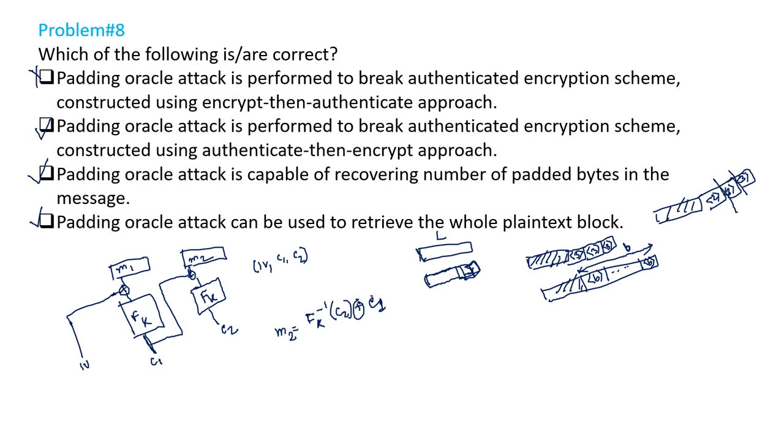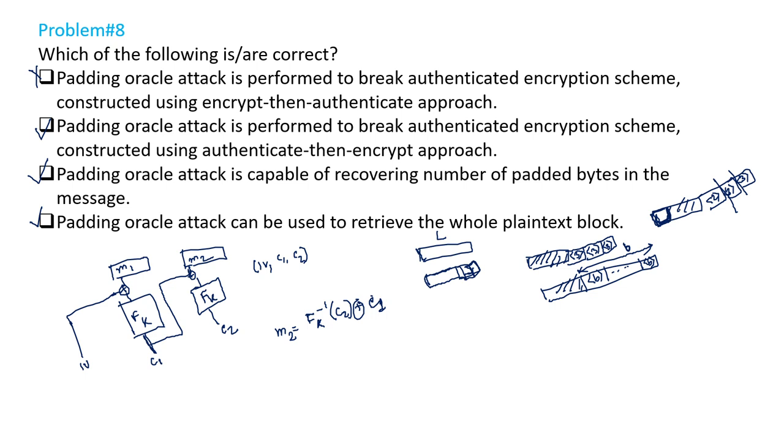This will imply that all the L bytes of the last block M2 are part of padding. So this whole block is a padding block, and you know the length of the padding bytes to be L. What if it does not throw the bad padding error with the corrupted first byte of C1? Then you know that the first byte, although it is affected, is not part of the padding.